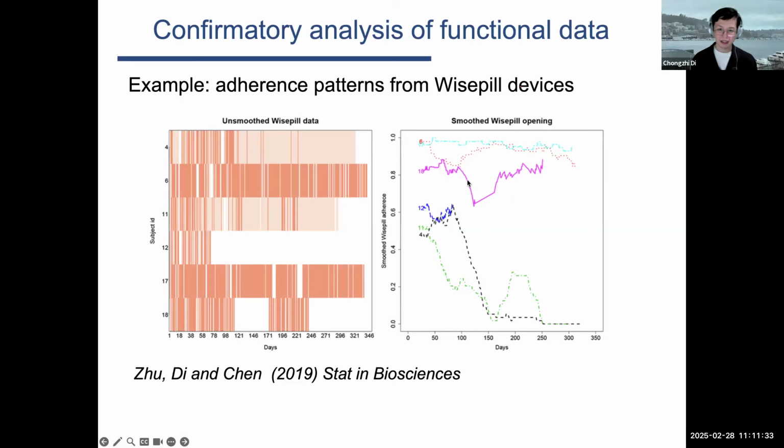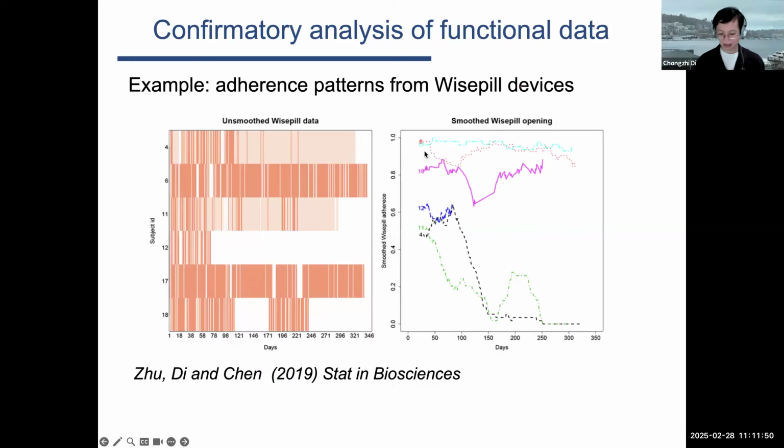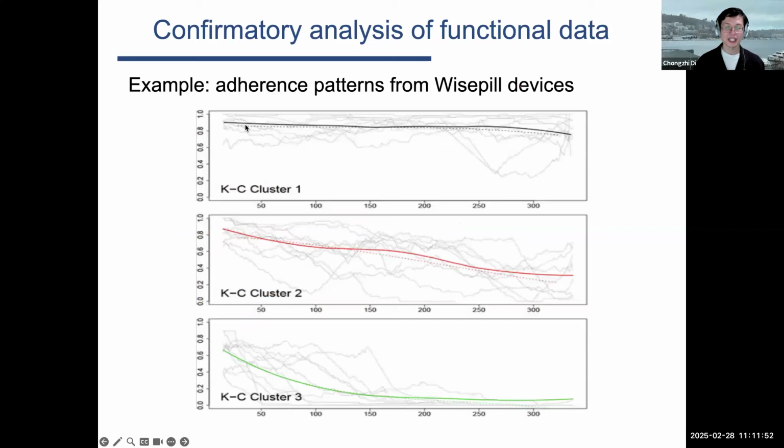So those are the adherence patterns. Similarly, we run a clustering algorithm on all those adherence patterns, and we generally obtain 3 different clusters. Cluster number 1 is individuals who generally have a higher adherence.